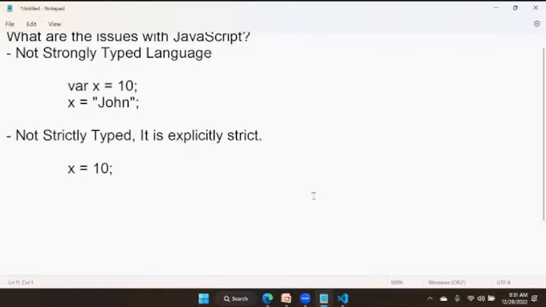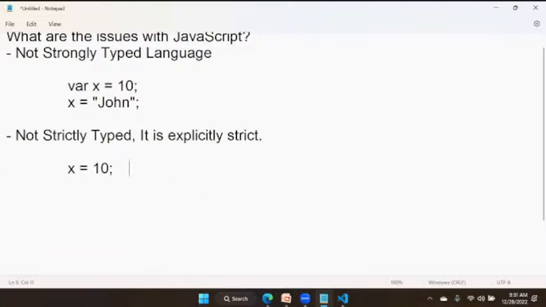But the majority of other languages are internally strict. That means you don't need to turn on any strict mode. By default, they are strict. So JavaScript is not strictly typed. It is only explicitly strictly typed. That is another problem here.